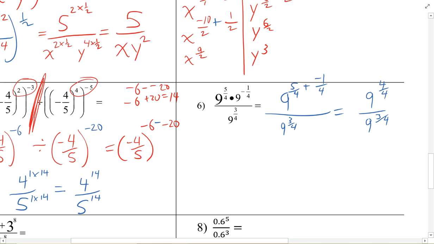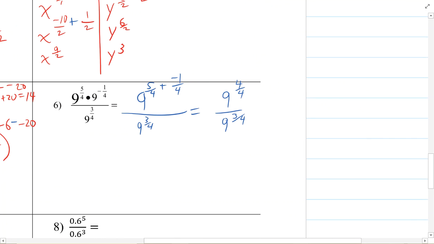Okay, so then we do our division. So we get 9 exponent to what? 4 over 4 minus 3 over 4. What does that equal? 9 exponent a quarter.